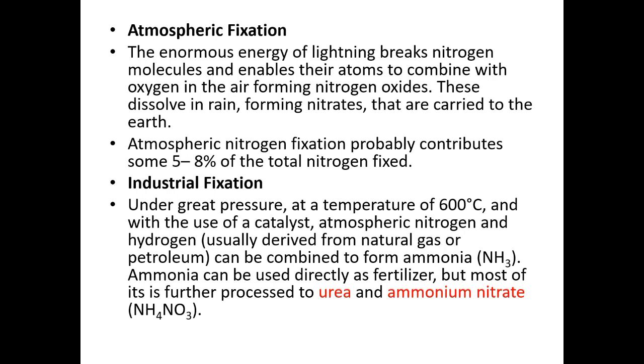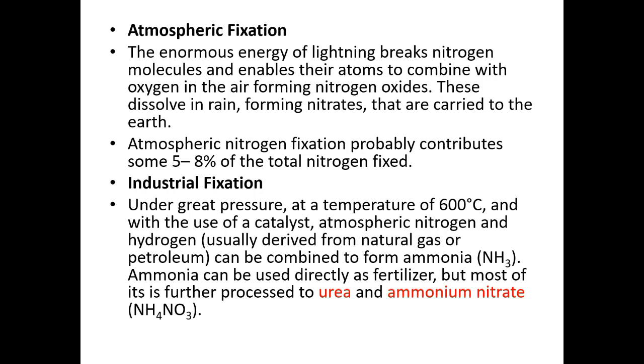The second important process of nitrogen fixation is industrial fixation. Under great, high pressure and 600 degrees Celsius, in the presence of a catalyst, atmospheric nitrogen and hydrogen combine to form ammonia, and ammonia can be used directly as a fertilizer.